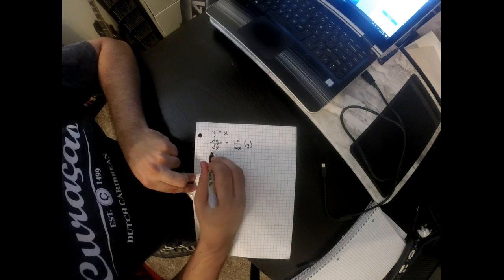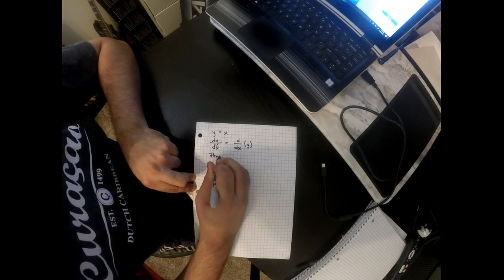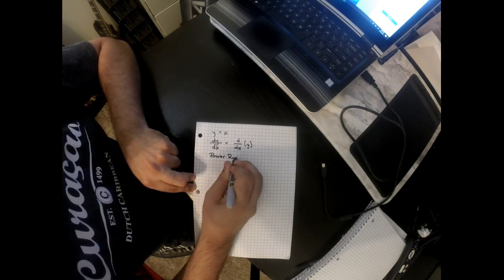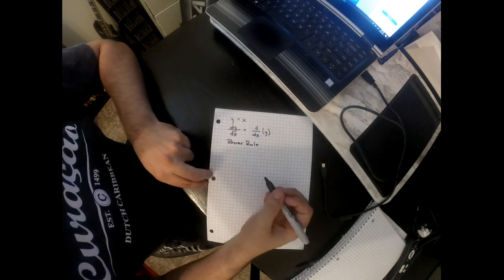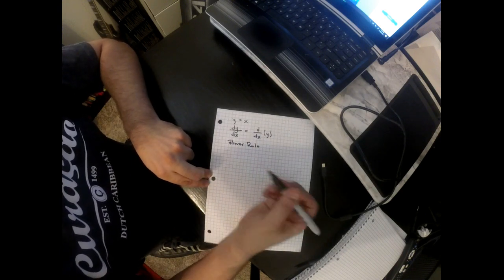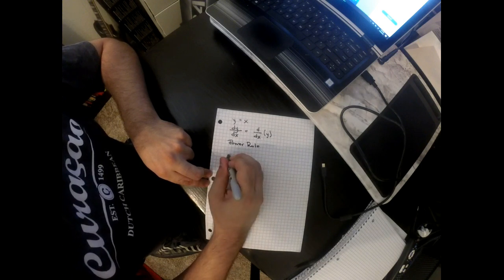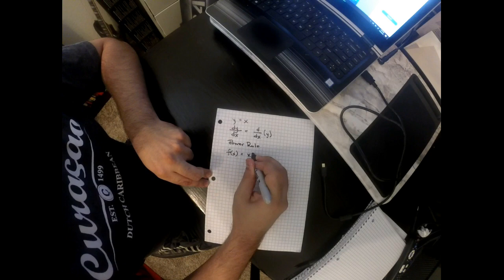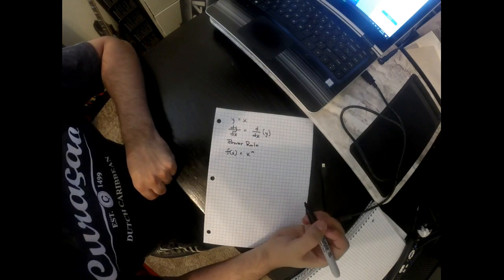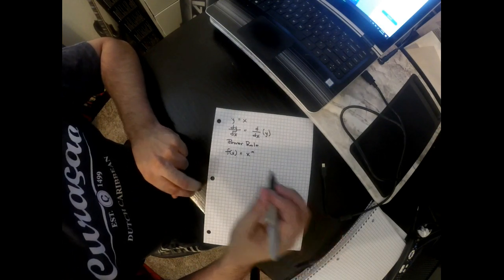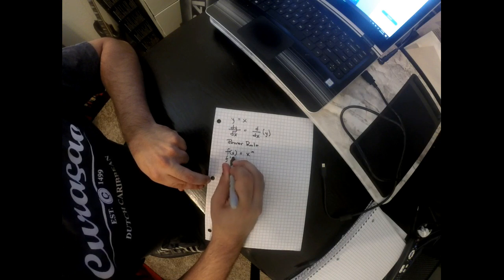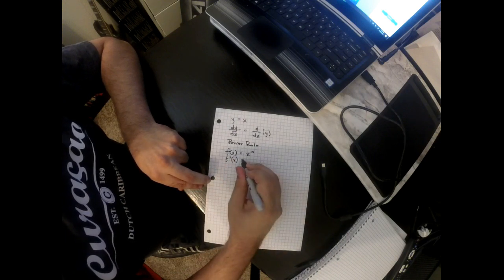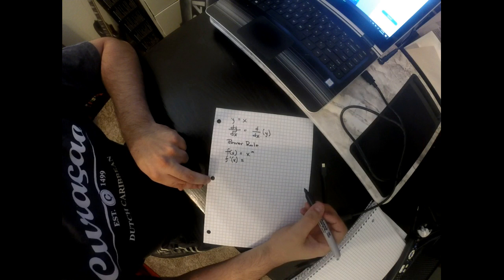So the power rule, and I'll just write that here, states that if you have a function that is in the form of x to the n, okay, let's just say that you have that, and you want to take the derivative of that. You want to find, and this is prime notation, the derivative of that function.